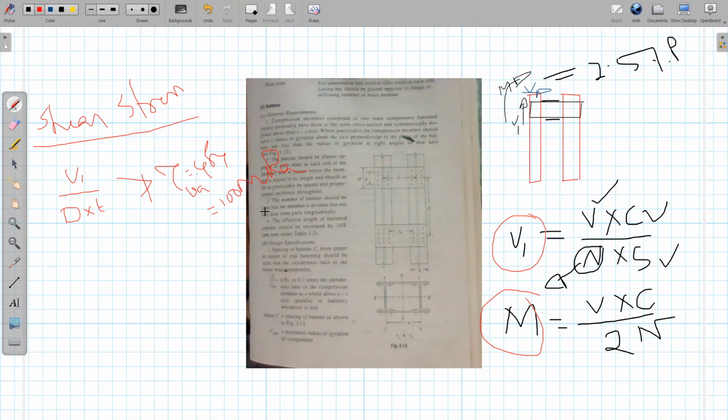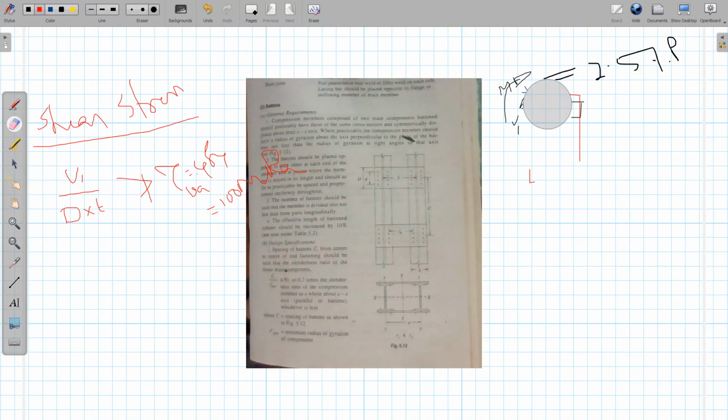Then for bending moment we have to calculate the bending stress. Okay, let us see that. Bending stress is equal to M divided by Z. What is Z? Z is the section modulus.